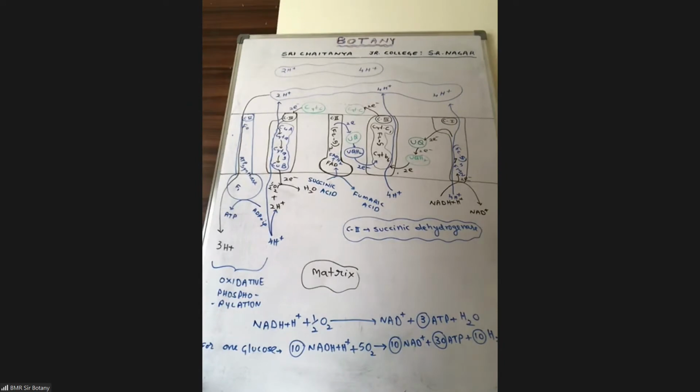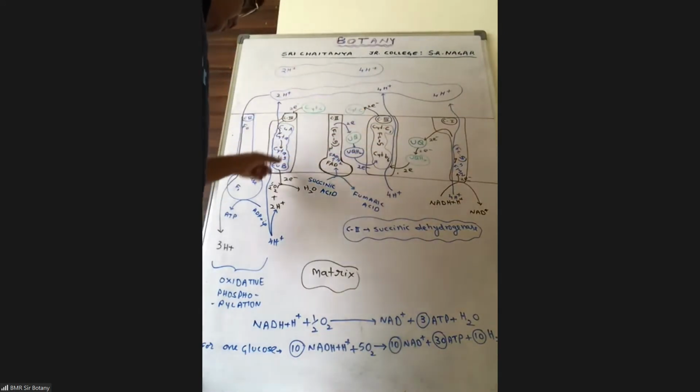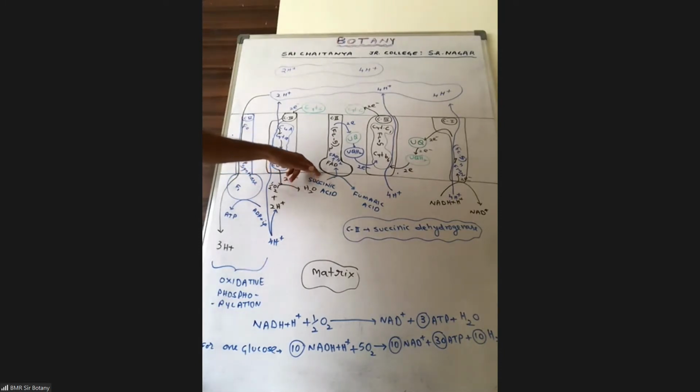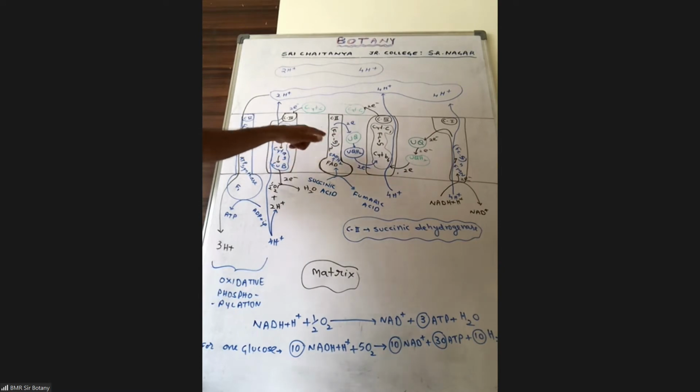Just look carefully. If the substrate is NADH, the path is this way. If the substrate is FADH2 that we got from succinic acid, the path is this way, simply. In which case, complex 1 has nothing to do. Understood?